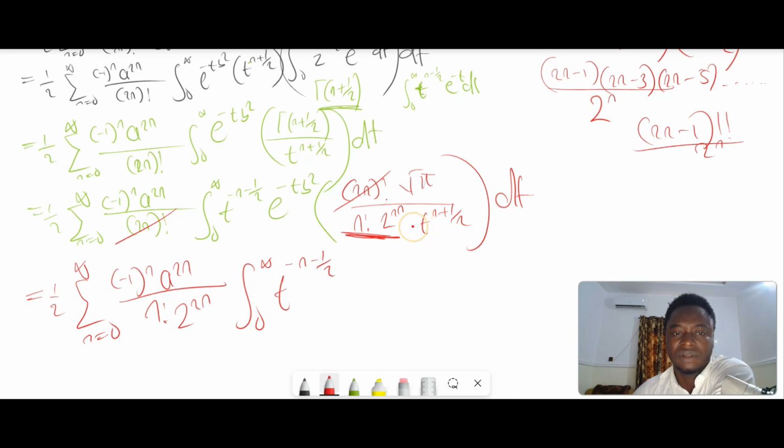No, what am I doing? Okay, this is what is actually easier, so no need for that. So this is t to the n minus half, and then we have to take our square root of pi. So you have a square root of pi here, and then e to the negative t squared dt.